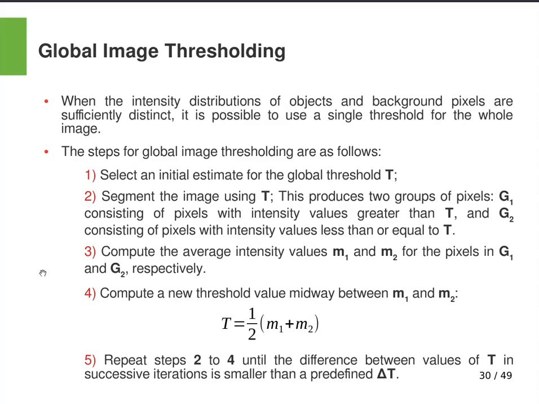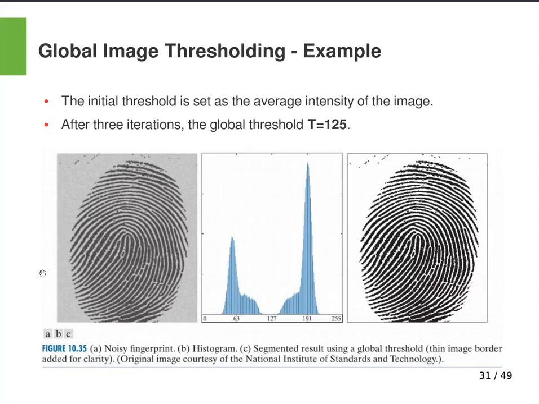Let's take a look at one example. On the left we have a noisy fingerprint image that we want to segment into foreground and background. Here the foreground is the fingerprint itself, and the background is the gray background that we have. In the middle we have the histogram of this image.